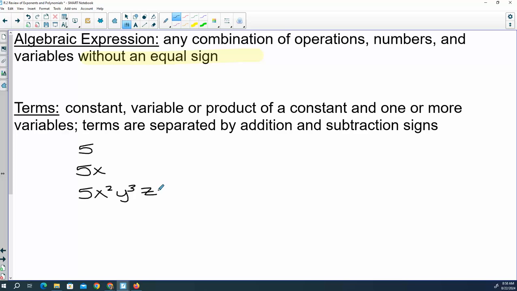But as soon as you add in the addition or subtraction, you then have multiple terms. So terms are separated by addition and subtraction signs. And as we go through this year, it's going to be important for us to be able to look at something and figure out how many terms it has. So we're just looking for the addition, subtraction, that separates those, breaks them apart. If I talk about like terms, what's that mean?